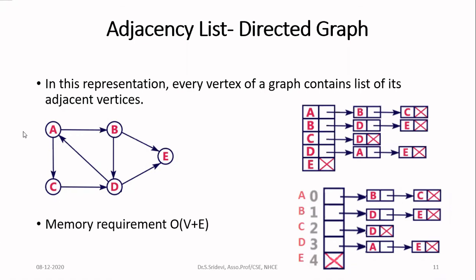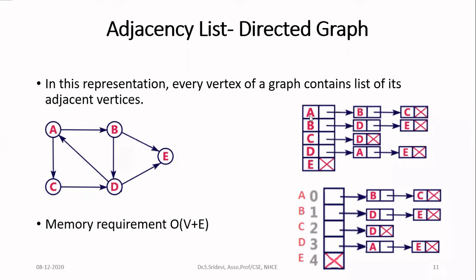So let us consider the graph. We have a directed graph here. Now, how to create the adjacency list? We have two different methods for this. In the first method, you will create one linked list for every node, that is, a singly linked list. Here I have 5 vertices in total, so I will create 5 singly linked lists.